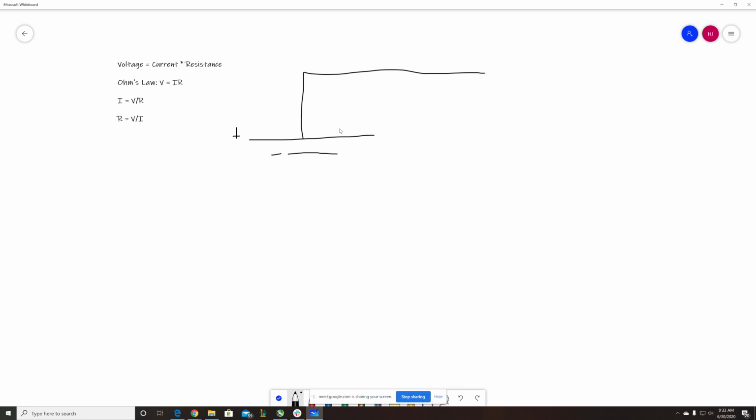I'm going to draw a simple circuit, and say we have a resistor here. Resistors always look like a jagged line, and this is supposed to be a resistor.